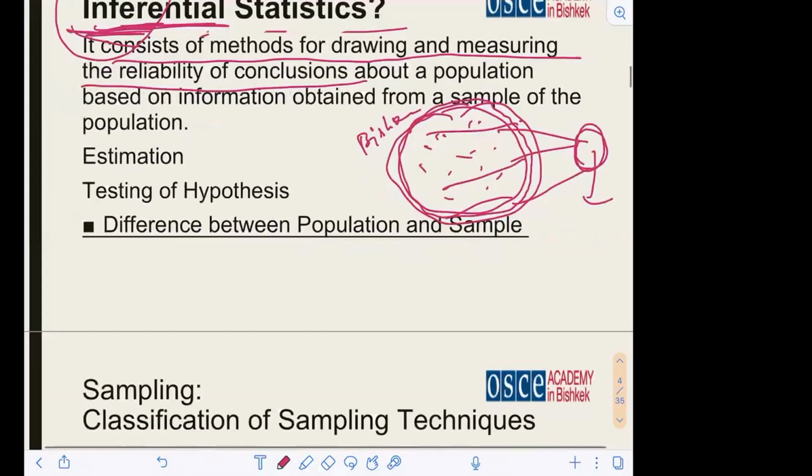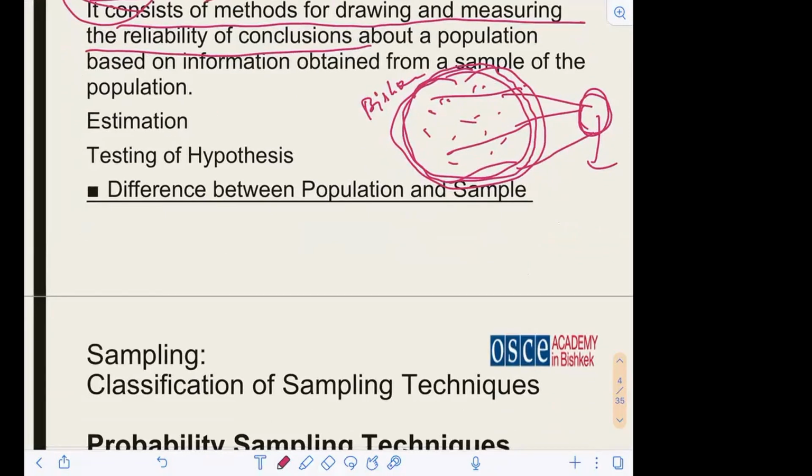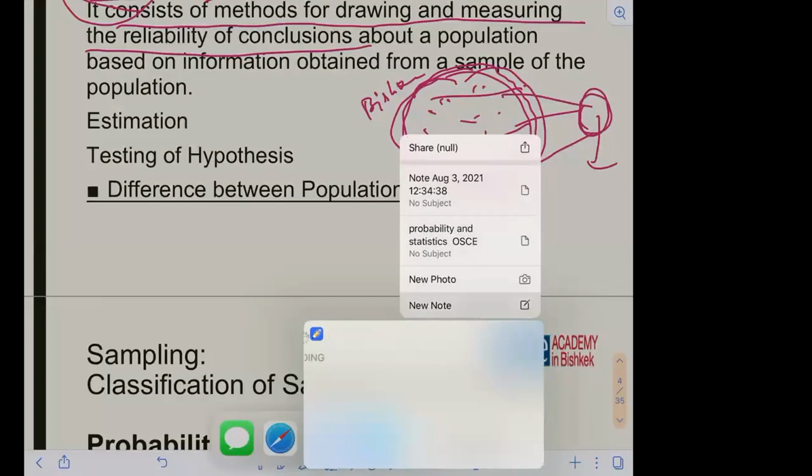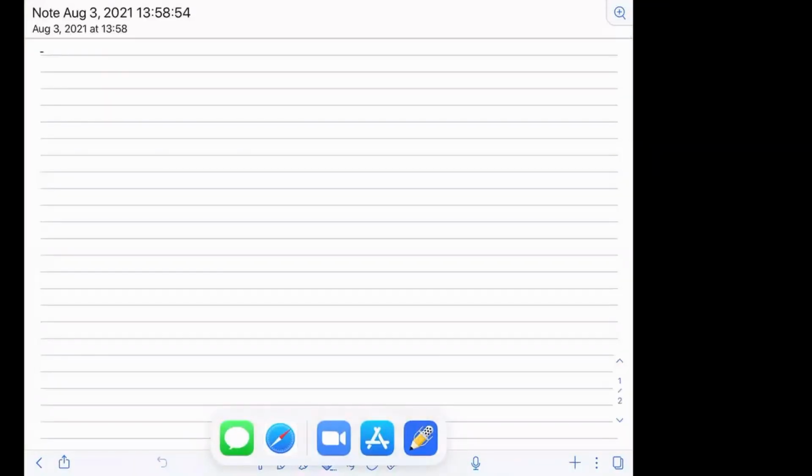Now, before we move on to what inferential statistics is and its importance, let me very quickly come to a very important concept, the difference between the population and the sample.